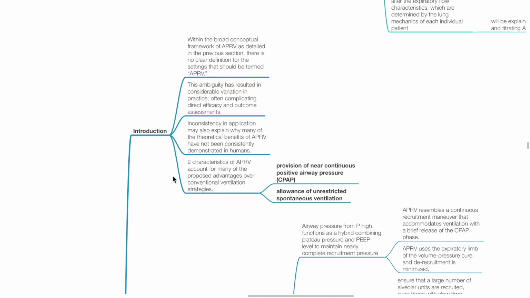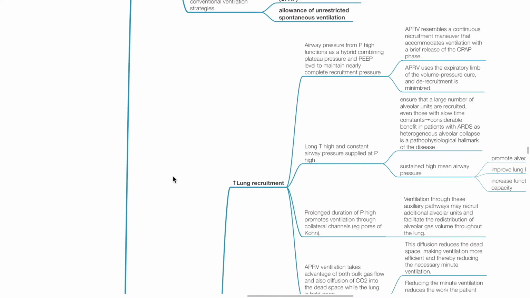Inconsistency in application may also explain why many of the theoretical benefits of APRV have not been consistently demonstrated in humans. Two characteristics of APRV account for many of the proposed advantages over conventional ventilation strategies: the provision of near-continuous CPAP and allowance of unrestricted spontaneous ventilation.